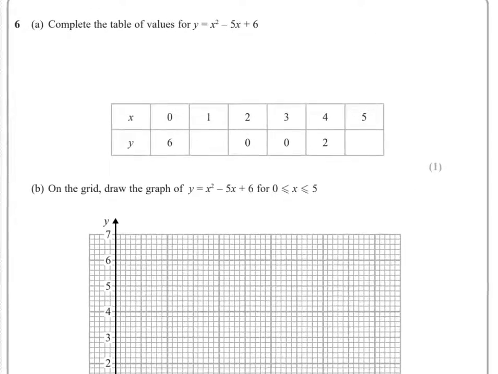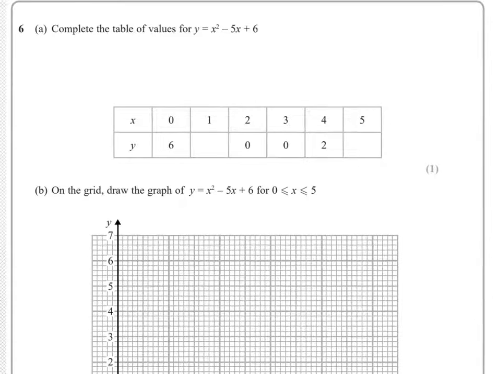Okay, complete this table. So the key here is we're just going to put in the number 1. If there were any negatives, we'd have to put the negatives in brackets to square them, but we can do this. You can check 0, check that that works, and then 5 times 1 plus 6, that's 2, and then 5 times 5 minus 5 times 5 plus 6 is 6.